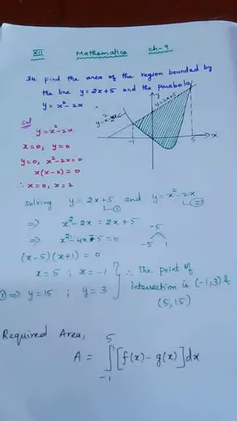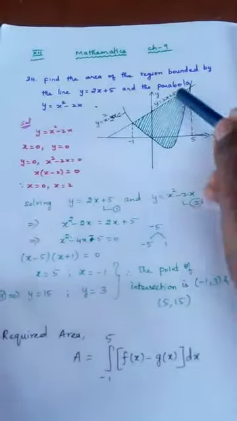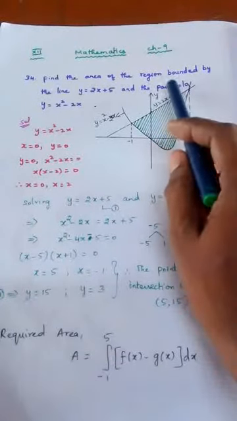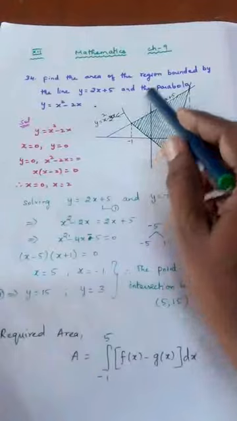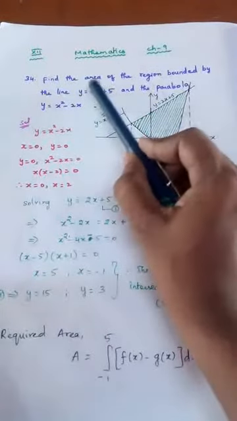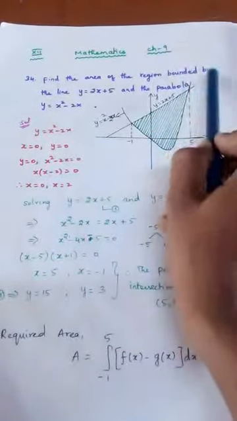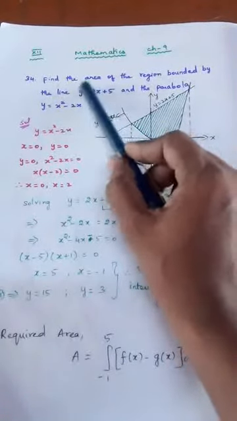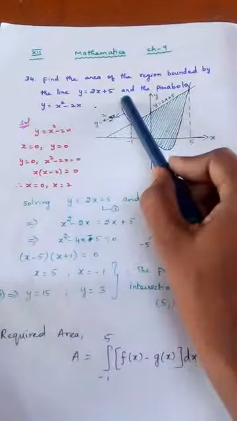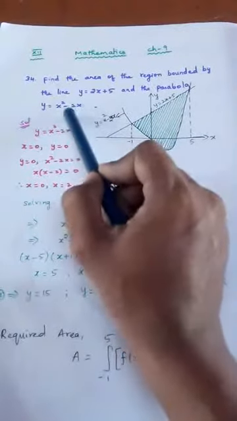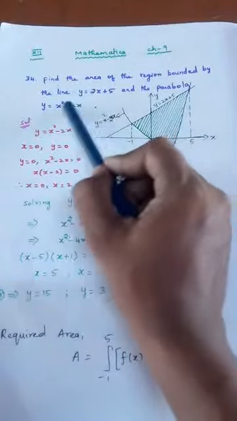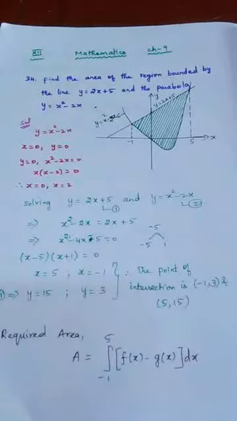We did the same type of problems in the previous class also, but these 3 problems that we are going to see in this class slightly differ. We need to find the area of the region bounded by this line, clearly a first degree equation, so it represents a straight line, and the parabola y is equal to x square minus 2x. What is the area that is bounded between these 2 curves? That is the question.